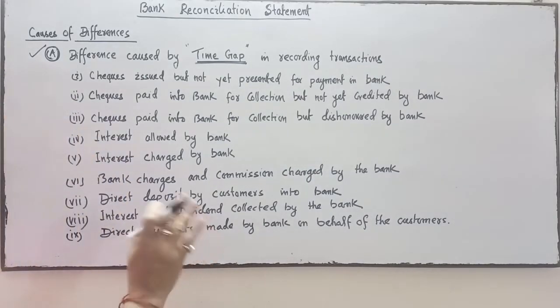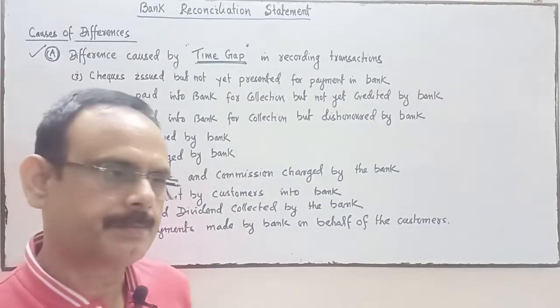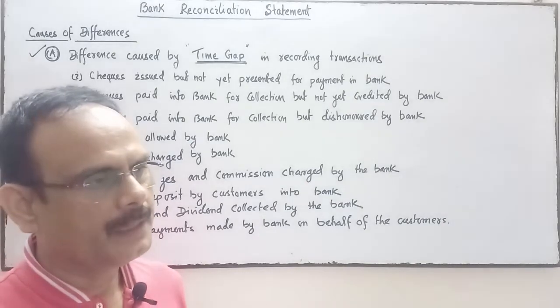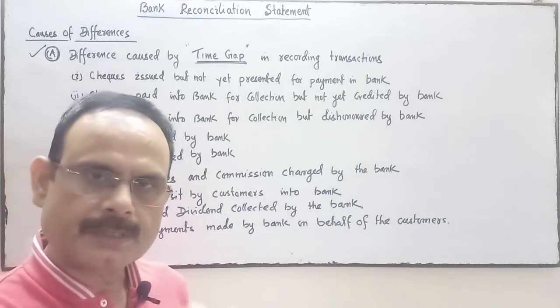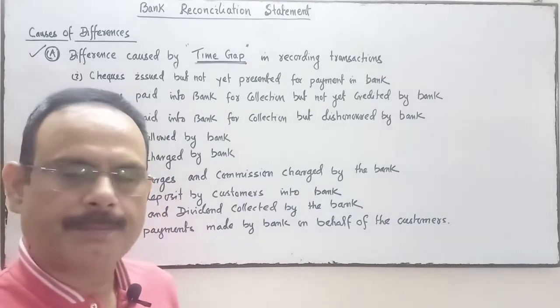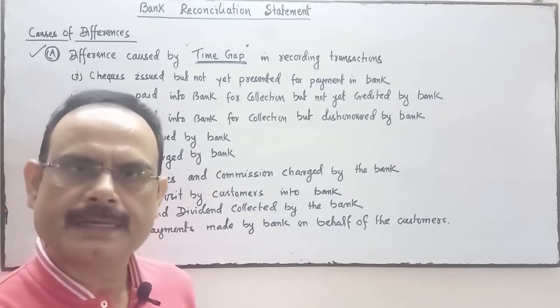Next is direct payment by the bank on behalf of the customers as per the instruction. Sometimes the bank may make the payment directly as per the customer's instruction, maybe the insurance premium, the electricity bill, the rent, or the tax.